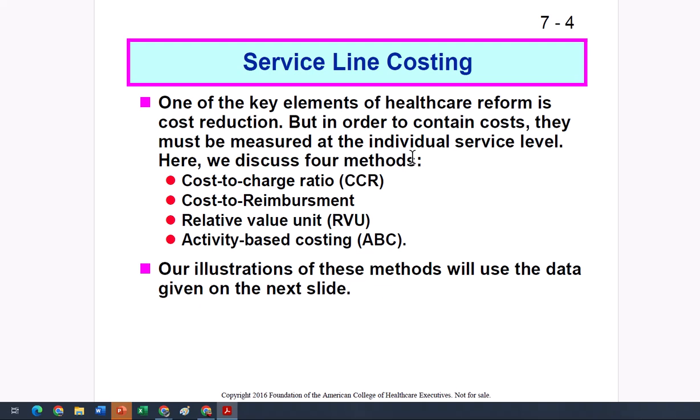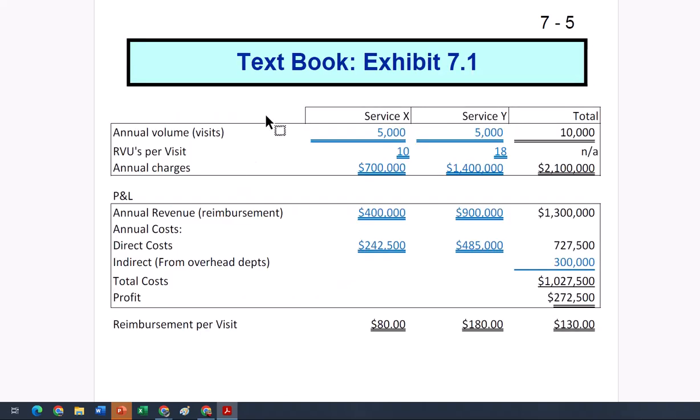And now it's all modern accounting systems, and some of these are historical in nature, but we'll get into that. So we have the textbook example, Exhibit 7.1. We've got some services, some RVUs, some charges, some reimbursements, some direct costs, etc. Indirect costs from the overhead department.